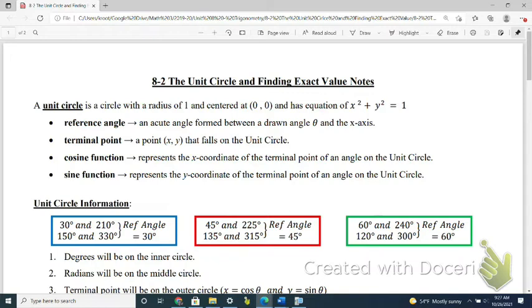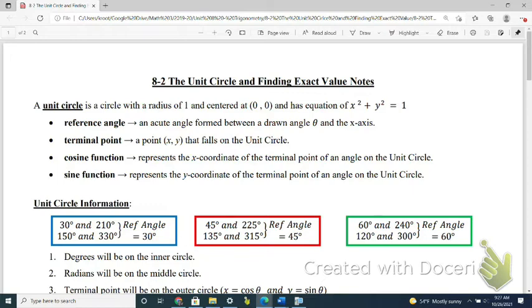The cosine will always be the x-coordinate of the terminal point, and the sine will always be the y-coordinate. We drew our unit circle, and when we did that, we color-coded. Anything with a reference angle of 30 degrees, we drew in blue. Anything with a reference angle of 45 degrees is in red, and green are your 60-degree reference angles.